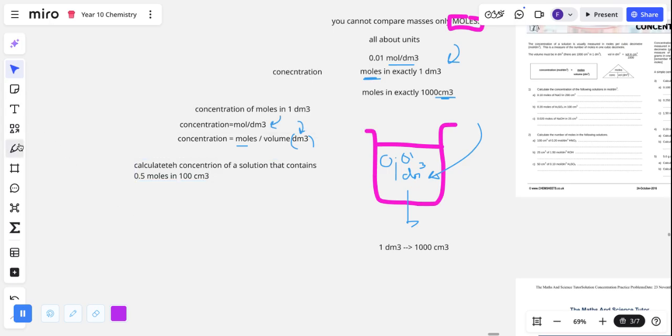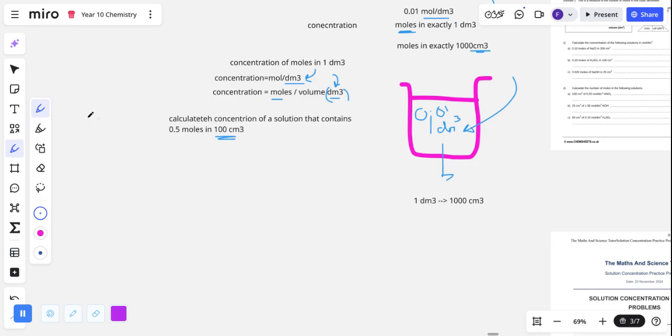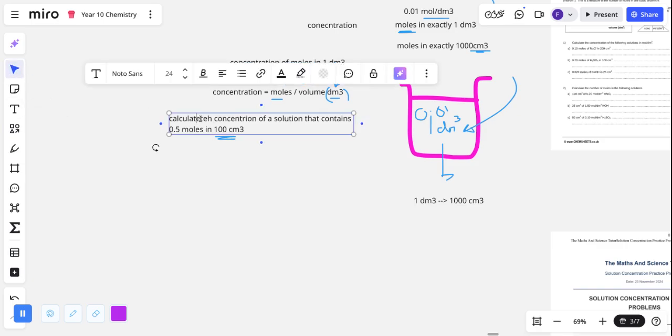Now, this is a big trigger point. This is a warning. This is not centimetre. This is not in dm cubed. And look at it. My units tell me it must be in dm cubed. All right? First things first, we will not give you a question like that.